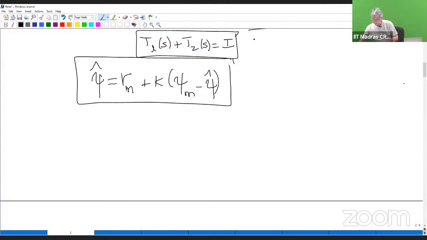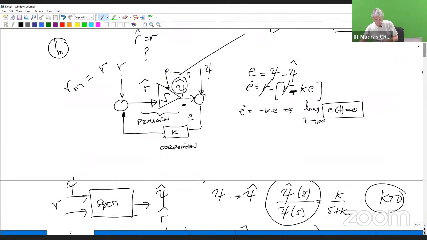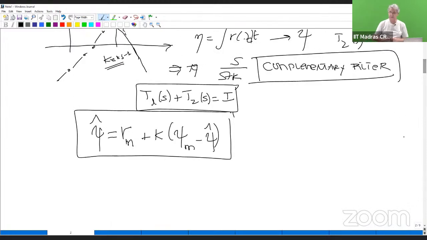I did not consider the noise and all that stuff in order not to complicate things. But if you put Rm, you get that the derivative of the estimate is Rm plus K times (psi m minus psi hat). So that's the cute first order complementary filter. It's the simplest thing you can think of to fuse information from the rate gyro and from the compass.